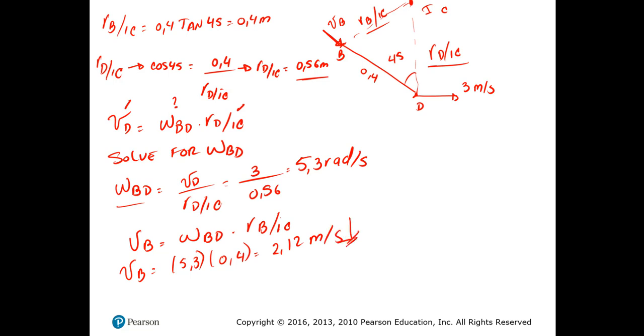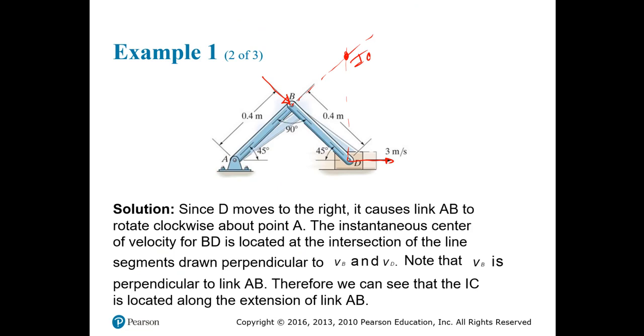And that's the velocity. So now that I have that, all I have to do is plug velocity into the bar. So I will just go back to the exercise, and if I have velocity at B, which I just calculated, you can find omega, because remember, velocity at B is equal to omega AB multiplied by the distance AB. Okay?